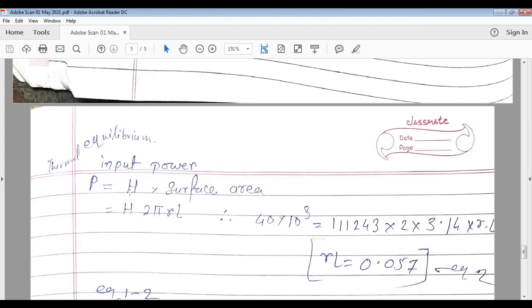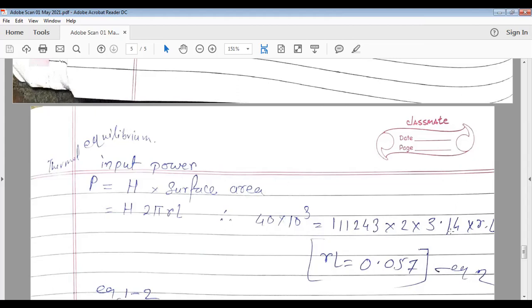This is heat transfer coefficient into surface area, h into 2 pi r L. So the input power we have put is 40 into 10 to the power 3, because this is a kilowatt and this becomes watt. This is h, 111243, and then we put it into 2 into 3.14.